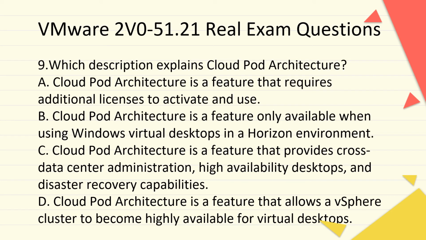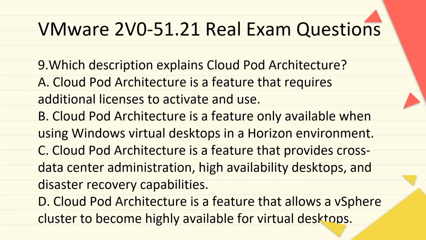9. Which description explains Cloud Pod architecture? A. Cloud Pod architecture is a feature that requires additional licenses to activate and use. B. Cloud Pod architecture is a feature only available when using Windows virtual desktops in a Horizon environment.